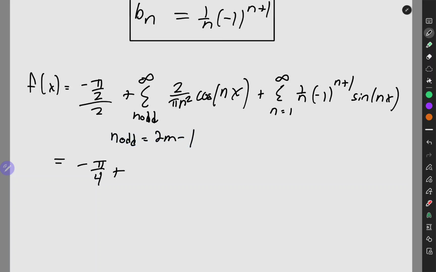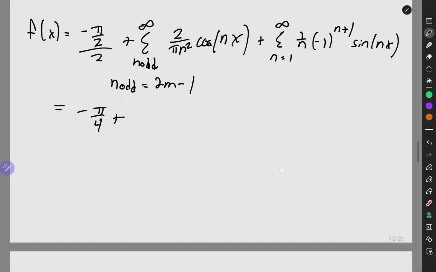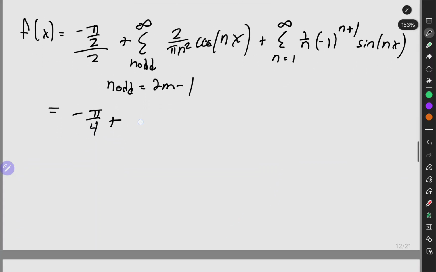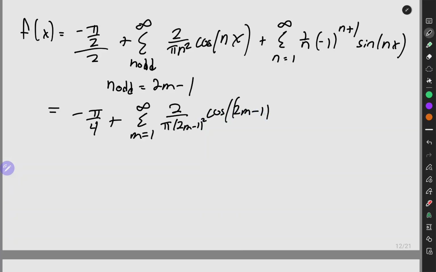That always will make it odd, but you have to introduce a new variable for that, right? So we're going to introduce a new variable, m, and we're going to plug n odd into here. So this is pi times 2m minus 1 squared. See how that works? We just plug this in over here, like that. And then this stays the same.